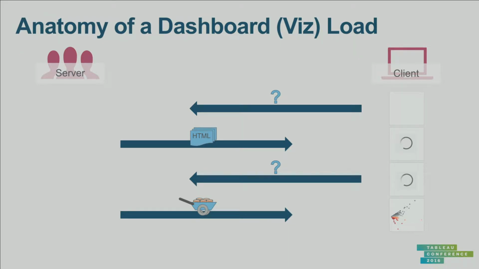We have our server on the left and a client on the right, and by client I mean your web browser, maybe your mobile device or tablet, and the arrows between them represent communication between the client and the server. Down the right-hand side, I have little snapshots indicating the state of the browser, what you'd see of the visualization as it loads.